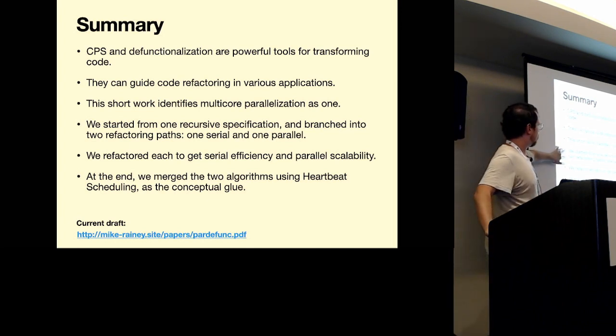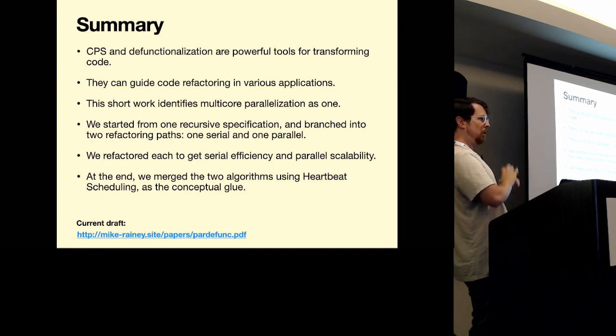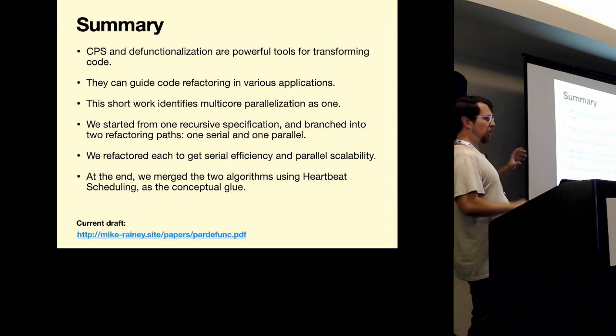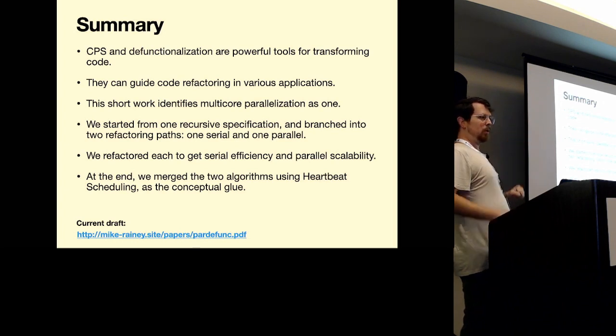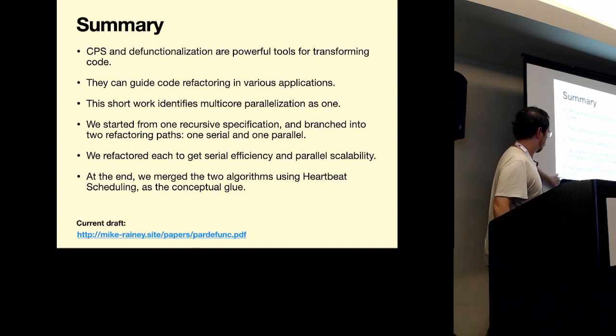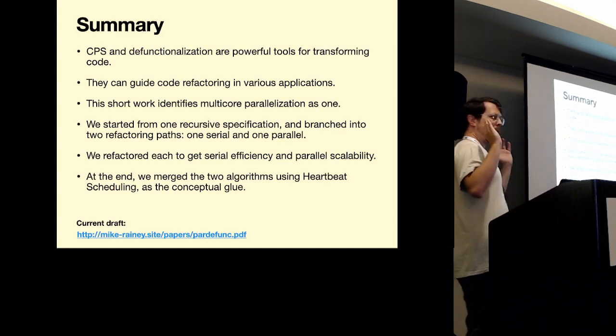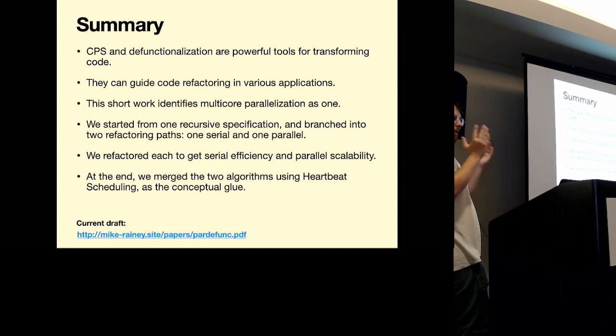We started from a trivial recursive spec program and got to something fairly sophisticated in the way it could deal with parallelism on a multi-core system. The technique we used at the end, to do the merging of our two optimized algorithms, was heartbeat scheduling, which, as long as I've been working on it, had been sort of a compiler's technique.